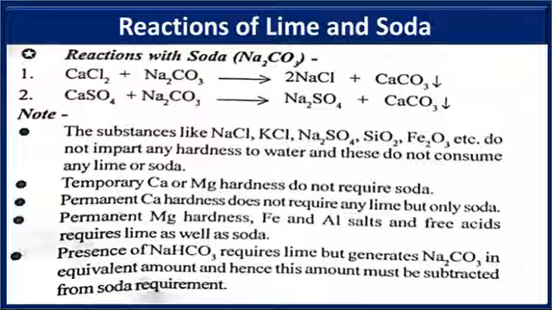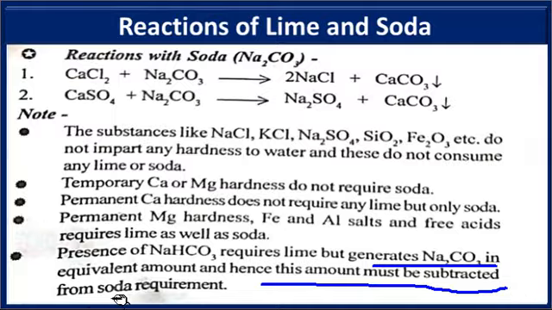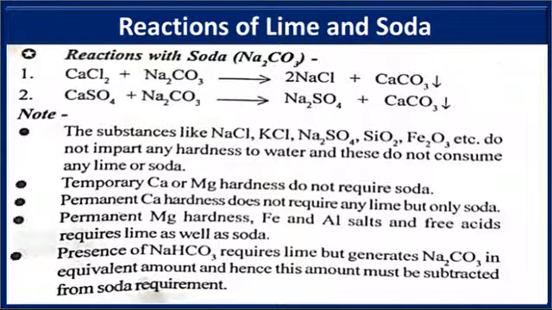So L plus S is the total requirement for these salts. Presence of sodium bicarbonate requires lime, but it generates sodium carbonate in an equivalent amount, and hence the amount must be subtracted from the soda requirement. So whenever sodium bicarbonate is present, we will use L minus S for its complete removal.